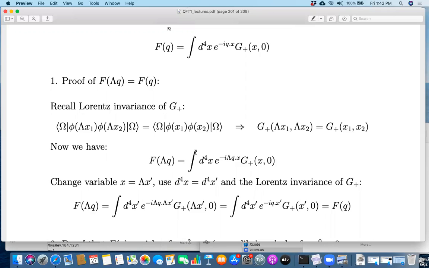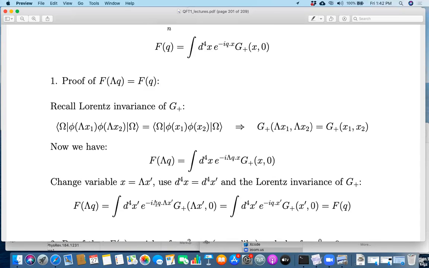Now when you do that, we know that the Jacobian of the transformation is 1 because the determinant of lambda is 1. So d4x is the same as d4x prime, and we can integrate over d4x prime without any additional factor. Here x is replaced by lambda x prime, so this becomes lambda q dot lambda x prime. And here x is replaced by lambda x prime, so g plus of lambda x prime.